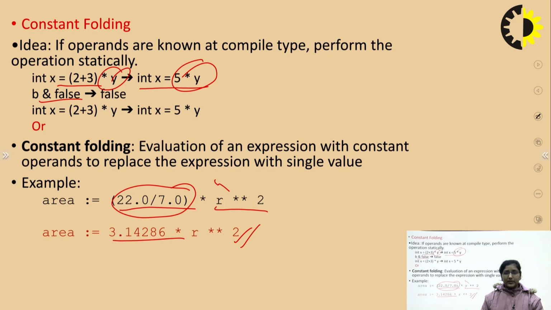Now, why are we doing this? Why do we need computation time to be less, and the space required to be less?